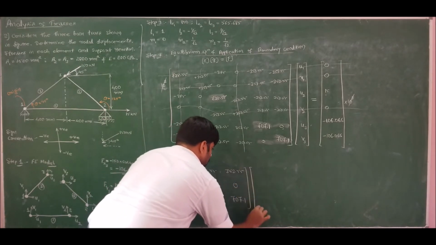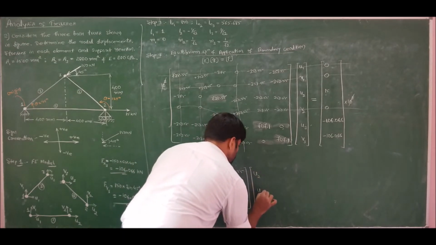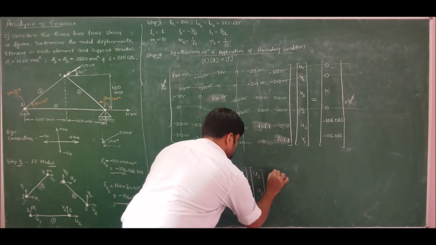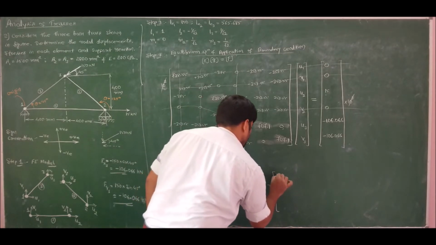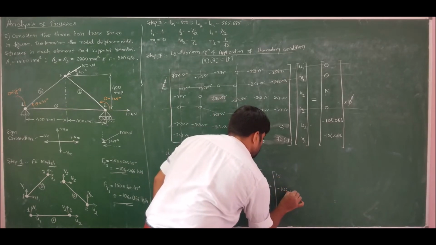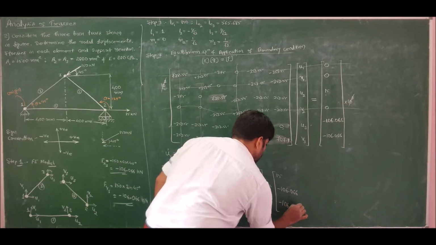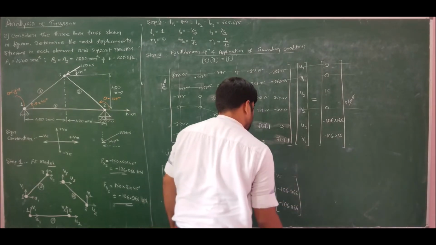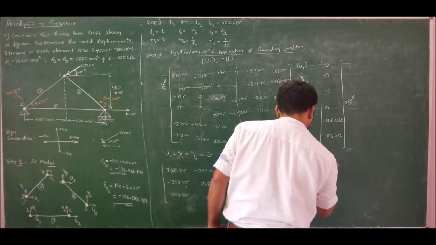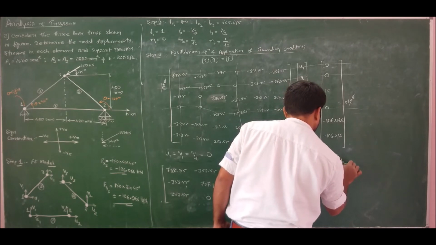So this is multiplied with U2, U3, V3. This is equal to 15 minus 106.066 minus 106.066. So if I solve, I will get the nodal displacements.